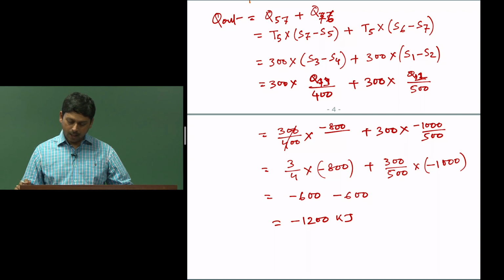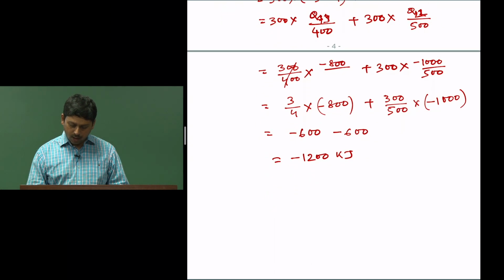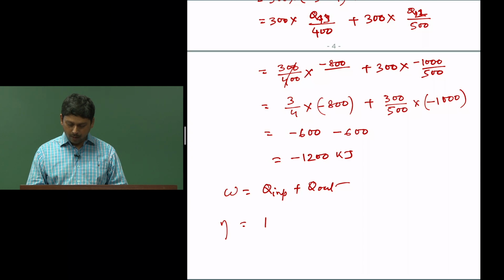Let me see, Q 34 is 800, 400 is 2 minus 600, that is 300, 1000, and so minus 1200. So, the heat output is minus 1200. So, now what is the work done? Work done is now Q input plus Q output, and the efficiency is 1 plus Q output by Q input.